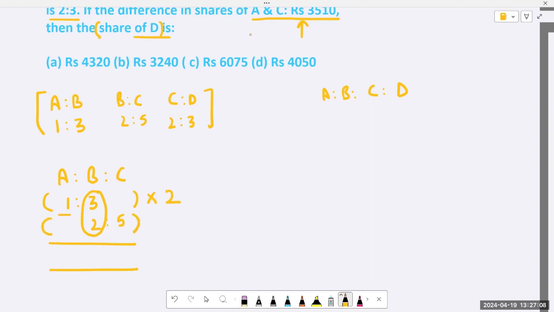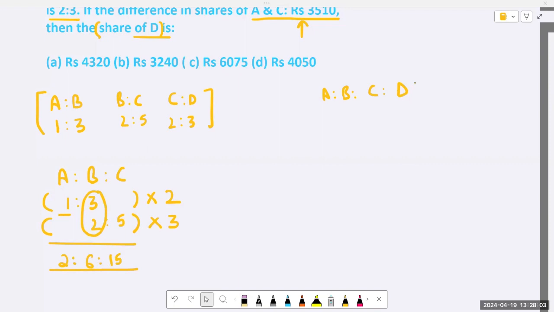And same will be the case for this particular row. Here we'll have to multiply this by 3 so that this results in 6 and this 5 will become 15. So when we multiply, the actual ratio between A, B, and C will be 2:6:15. Hence, we found out the direct relation or the ratios between A, B, and C.